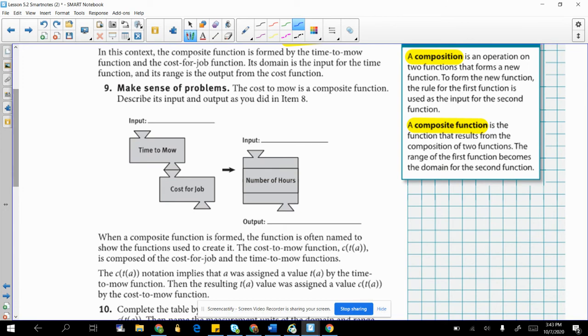Okay, so if you look over here, it has a little bit more about composition functions. But if we were to look here, remember, area or your acres was the original input. And basically what's happening is we're eliminating that middle step, the one that had the time.